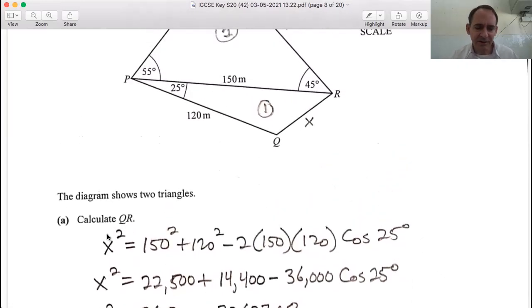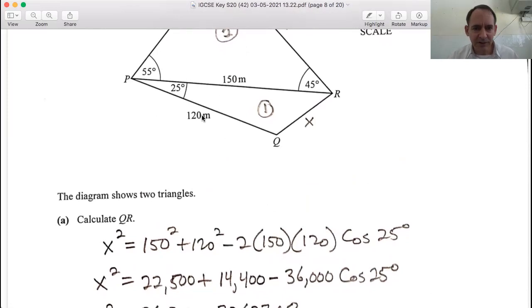So x is the side that we're looking for. So it's going to be x squared equals, and then we use the other 2 sides, 150 squared plus 120 squared. This part, by the way, corresponds to your Pythagorean theorem. But then we have this extra stuff from the law of cosines.